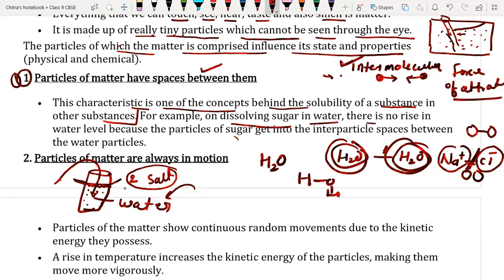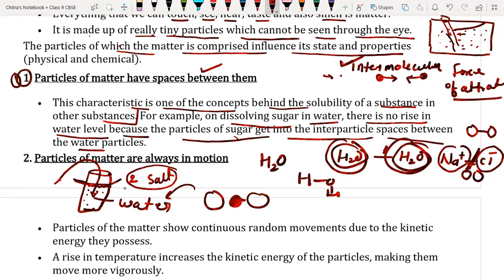There is no rise in water level because the particles of sugar get into the interparticle space between the water molecules. That is why the volume of the water or solution is not going to rise until the solution becomes saturated. Understood, everyone?